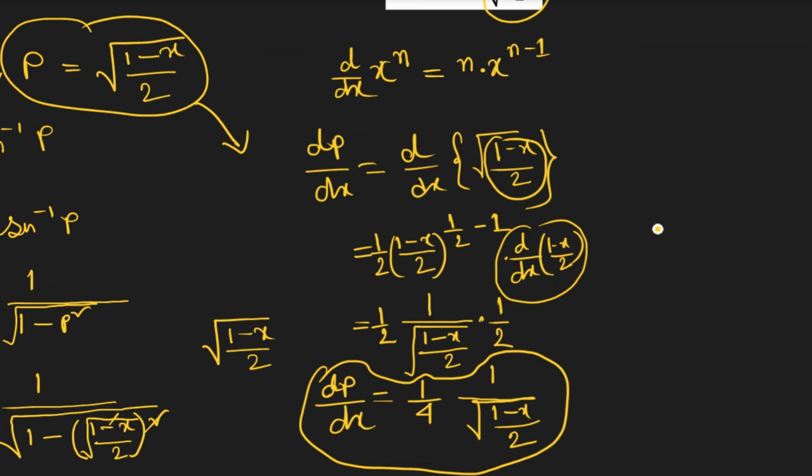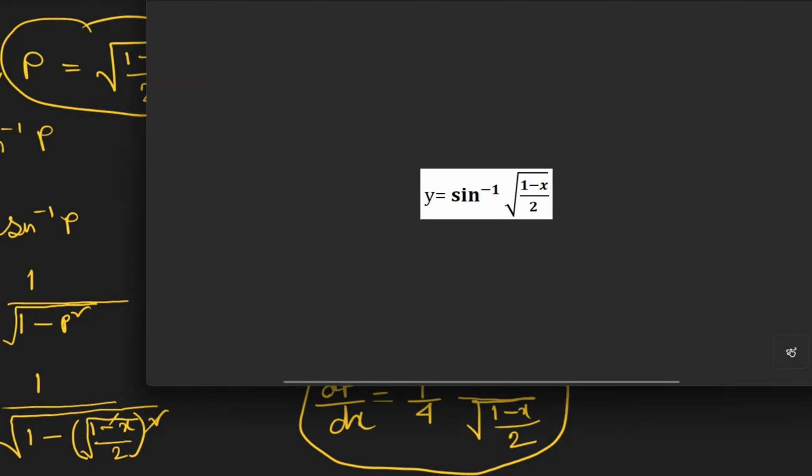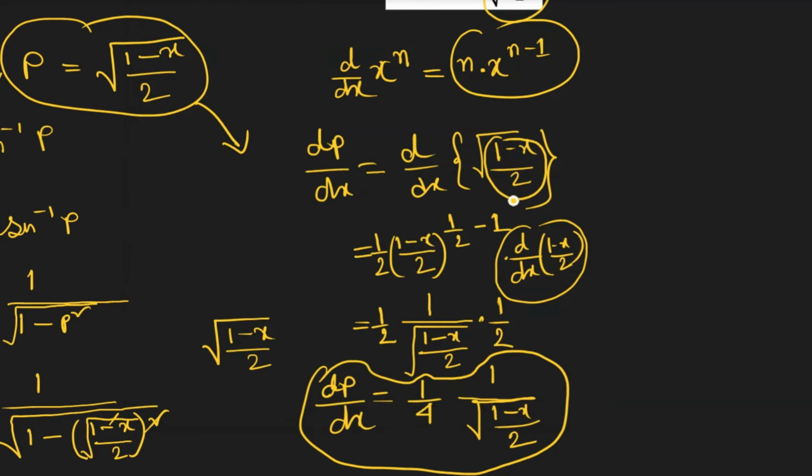We have to follow this formula because this part is to the power half, because it is under the square root, right? So n is half, 1 minus x over 2, this is done. Now we have to differentiate that inside part, I mean 1 minus x over 2.